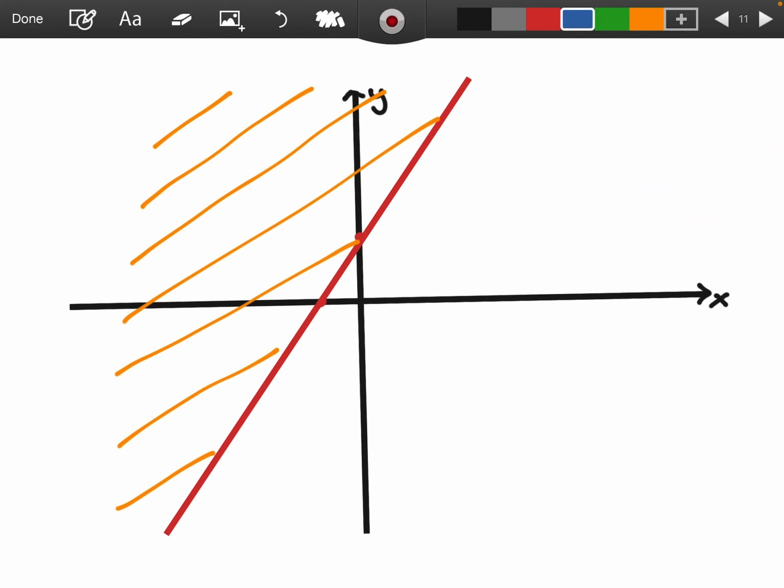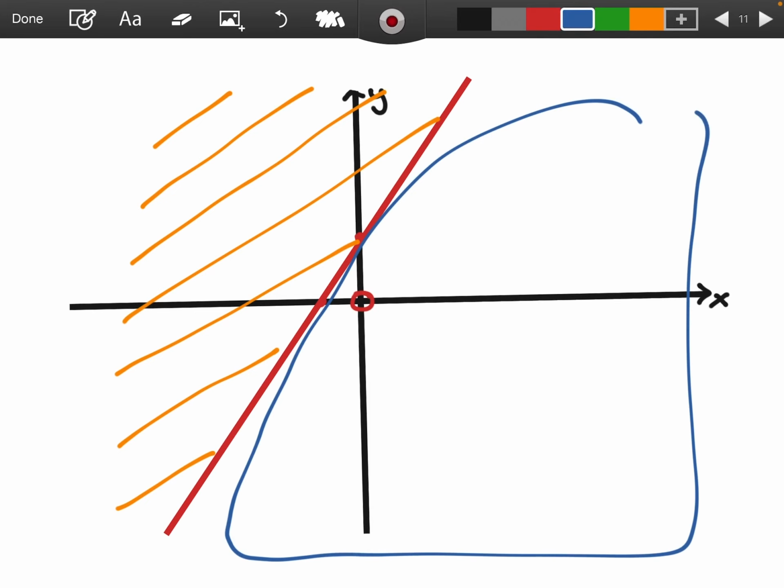So if you go ahead and plot this, I've just done a very simple sketch. I've put in my two intercepts and I've drawn the line. I have then seen from what I've just done that the origin here satisfies my inequality, which means that it is on the correct side of the line, and everything that you see here on my graph satisfies that inequality. So I know I'm fine there.